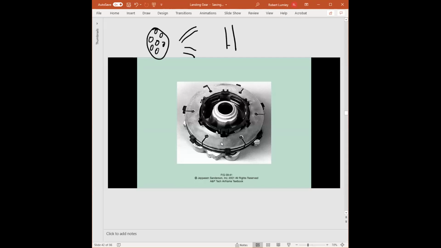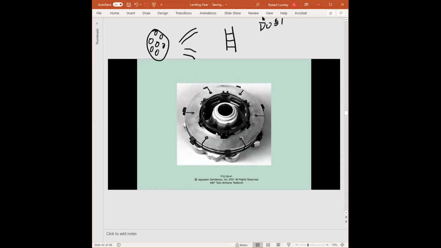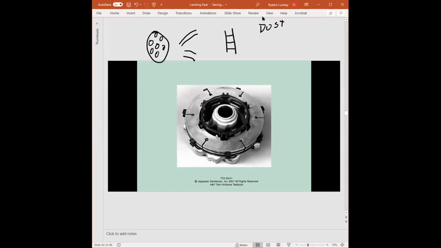And then if you look on the inside of it, there are actually veins that, when it spins, pick up the air and help to cool that big disc. So it has a built-in fan, if you will. What these holes are for, and even the slots, is for dust, especially the slots.